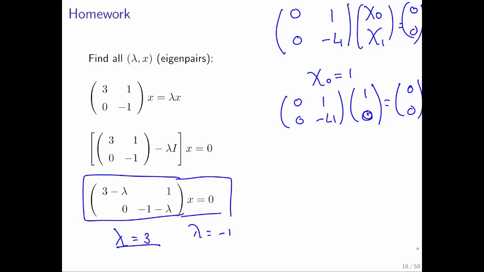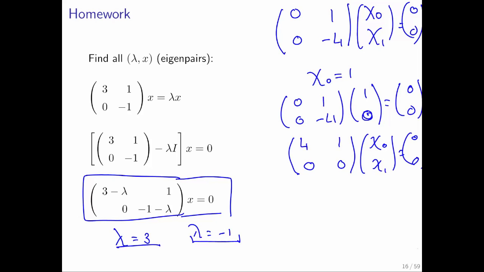If, on the other hand, you pick your lambda to be -1, then you end up with the equation 4, 1, 0, 0 times chi0, chi1 equals 0, 0. Now this is in row echelon form. Therefore you pick the free variable to be equal to 1, and you look for vectors of the form 1 something like that.